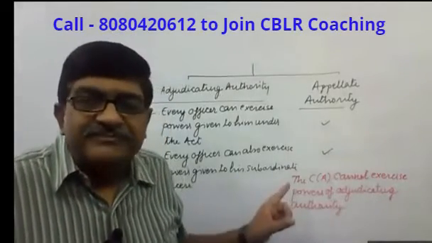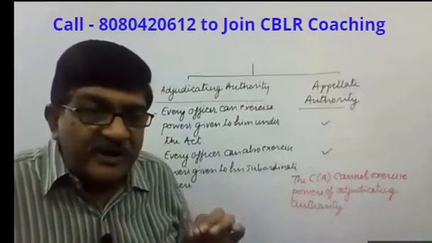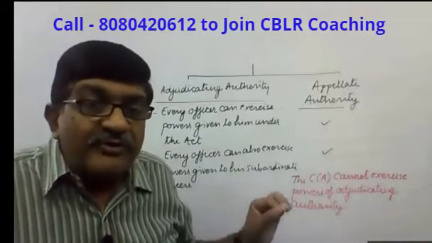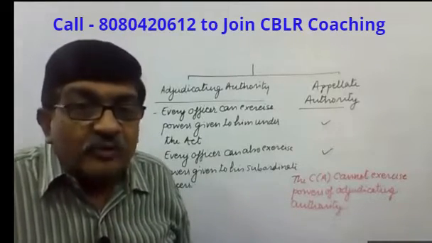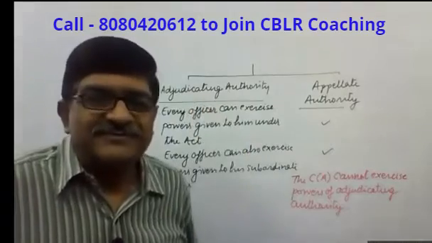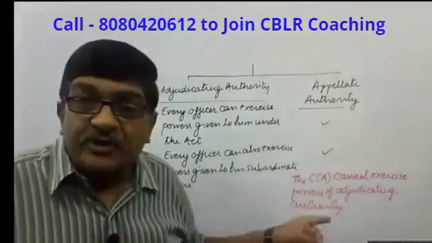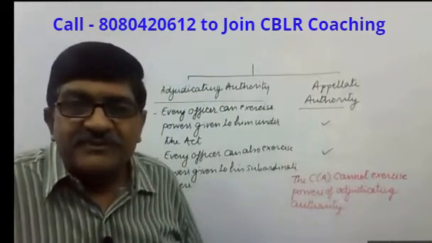Why? For the simple reason, the role of appellate authority begins only after the end of the role of adjudicating authority. Appellate authority has no role in the process of adjudication.